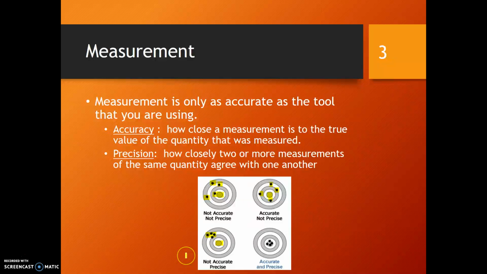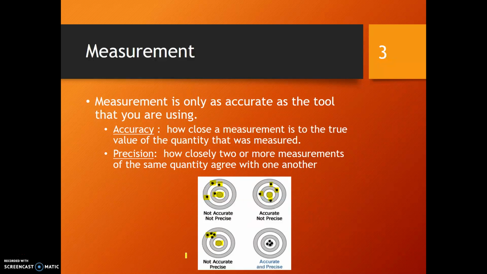This would be like somebody who was using a measurement tool, maybe a graduated cylinder, and they were reading the cylinder wrong. So every time they were consistent, but maybe they were reading from the wrong part. So that would be not accurate, but it is precise in the sense that they are repeating it the same way each time.